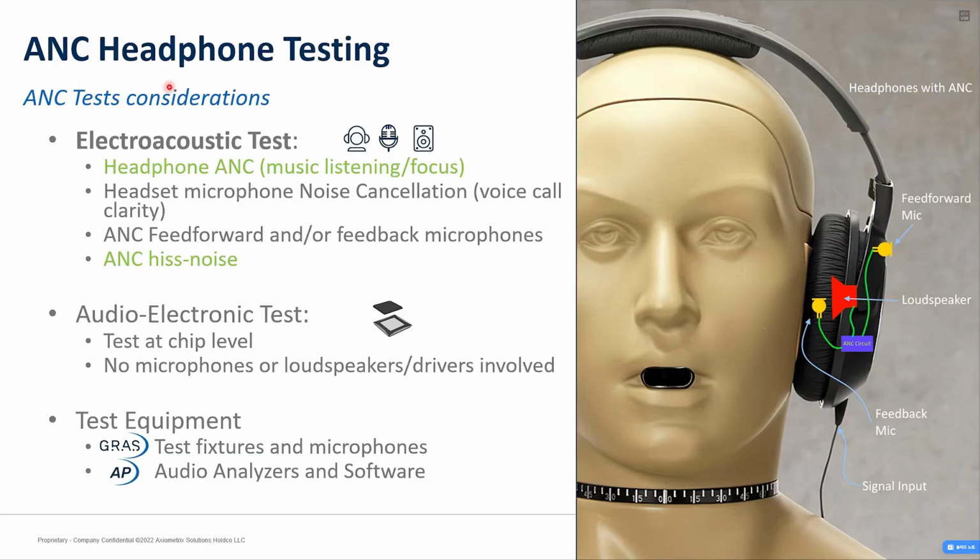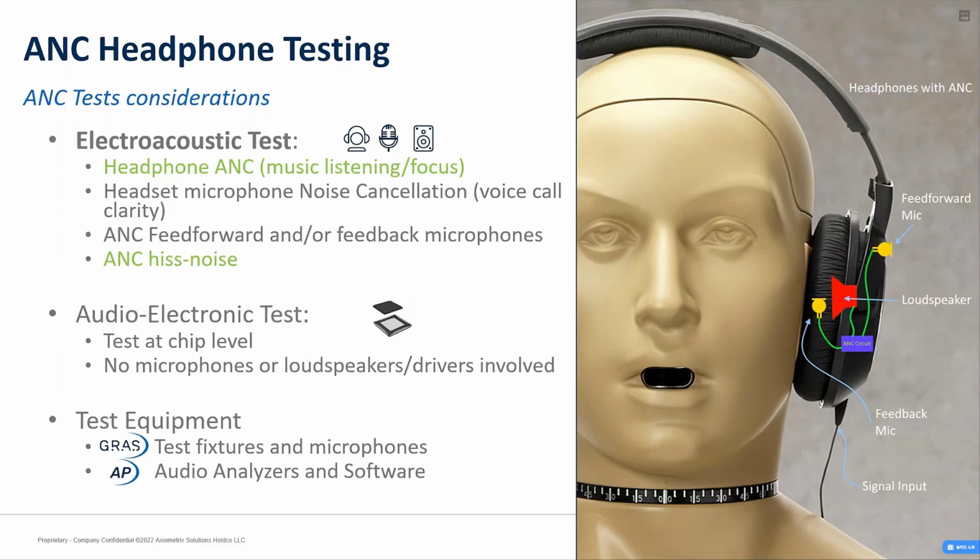Today, we are going to concentrate on electroacoustical tests. That doesn't mean that the analyzer software that we are going to show today can't be used for audio electronic tests, because you can use it for both situations. But today, we are concentrating on electroacoustical tests.